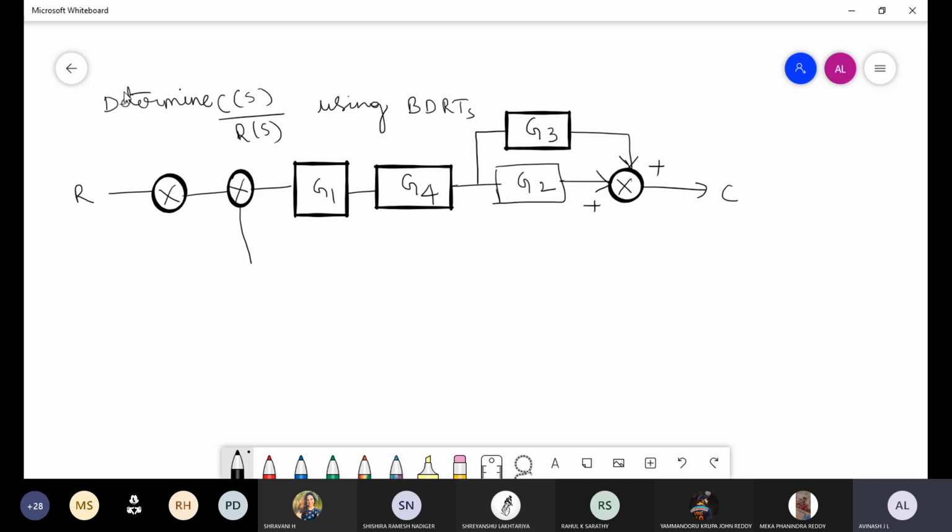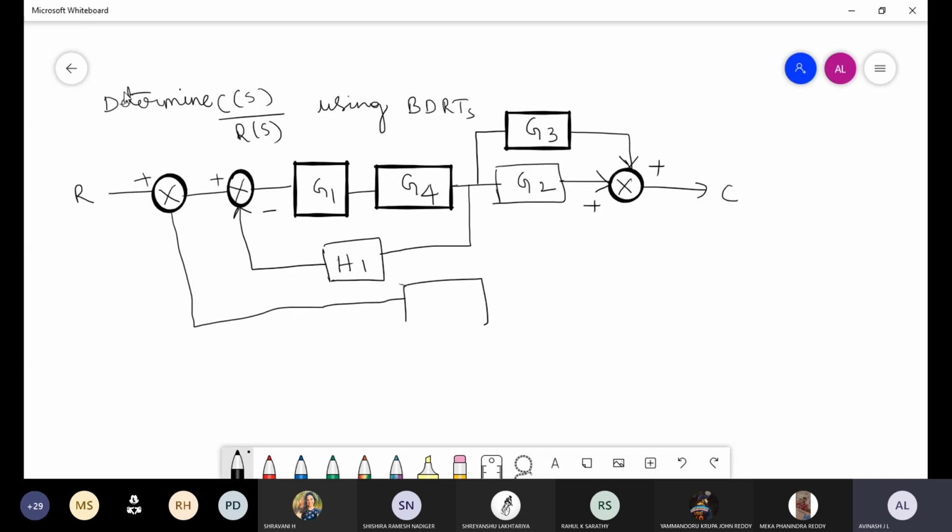So very simple numerical. You will solve within 1 minute, I think so. Okay, so this is the numerical.